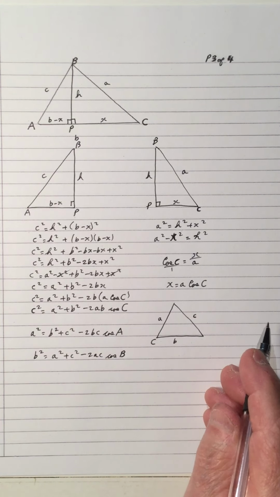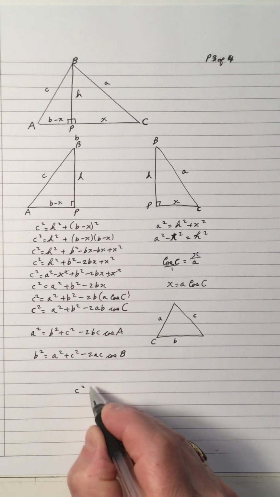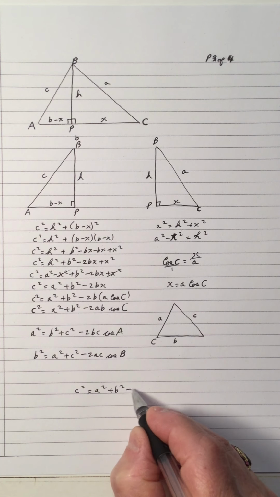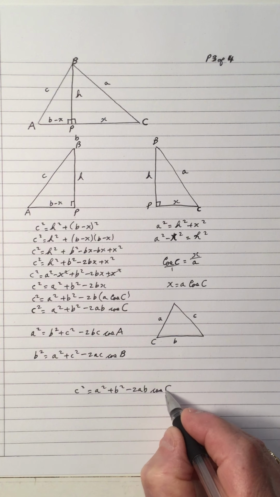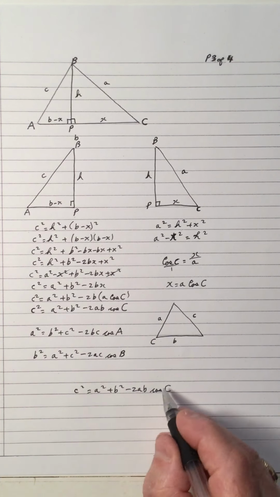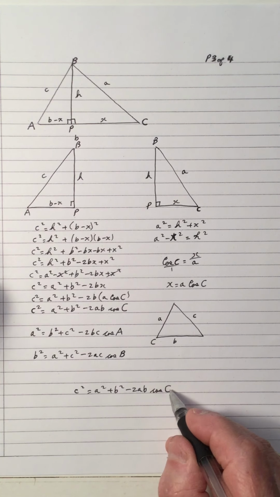But again, the one I use all the time is c squared equals a squared plus b squared minus 2ab cos angle C. A and B are the lengths of the sides, and C is the angle.